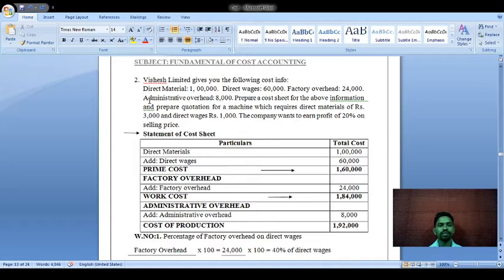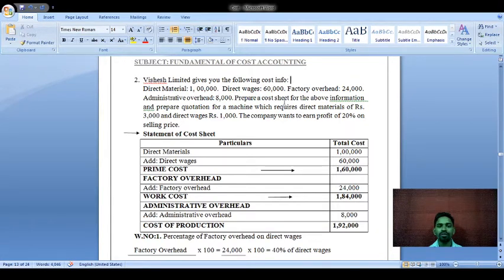Now this is problem number 2. Vishesh Limited gives you the following cost information: direct material 1 lakh, direct wages 60,000, factory overheads 24,000, administrative overhead 8,000.